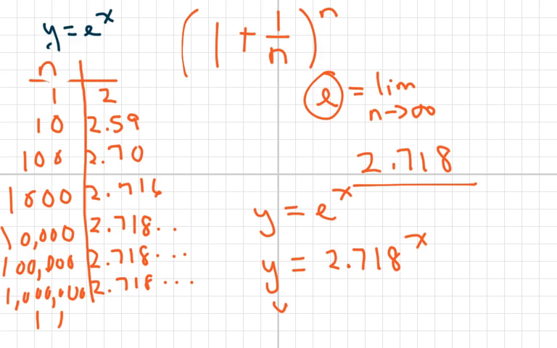You already know how to graph y equals 2 to the x, and you already know how to graph y equals 3 to the x. So it looks just like those, just in between those two. Okay, so when you have y equals e to the x, basically you're going to have 0, 1. 1 goes to 2.72, which is in between here.